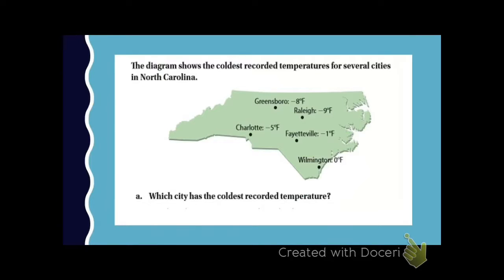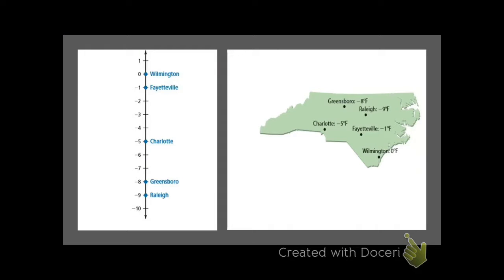Now look at this map. It's a little map with some cities in North Carolina, and it's marked their coldest recorded temperatures. It says which city has the coldest recorded temperature. Now some of you could look at this and say, oh, I know right away which one it is. And that's great. If you know it right away by looking at the picture, fine. If not, what I recommend you do is draw a number line.